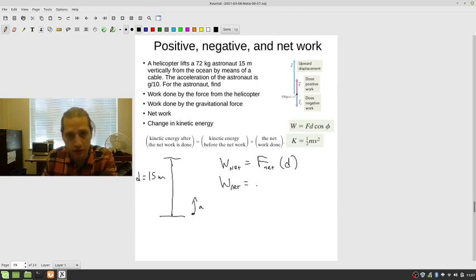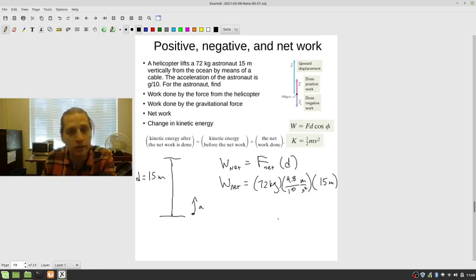It would just be the mass of the astronaut. Her mass is 72 kilograms. They tell us that the acceleration is g over 10, so that would be 9.8 divided by 10 meters per second squared. So that's my force, and then if I take that times the distance, 15 meters, that's the net work that has been done on her.